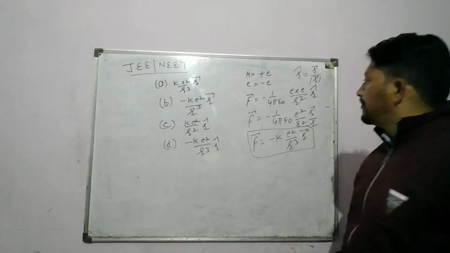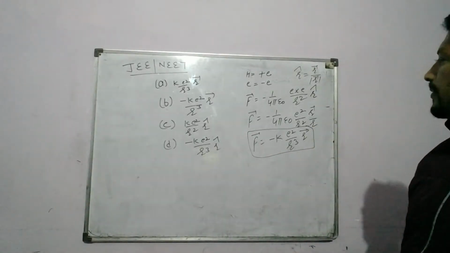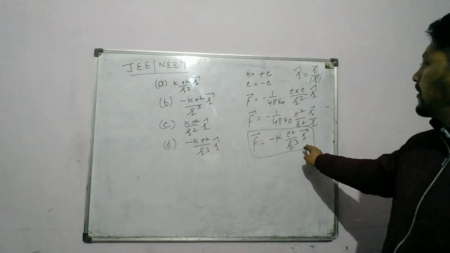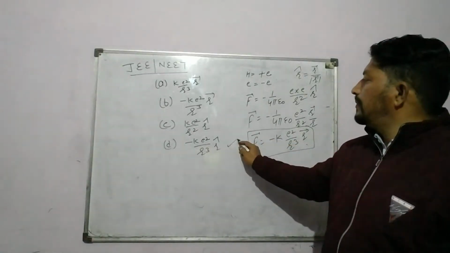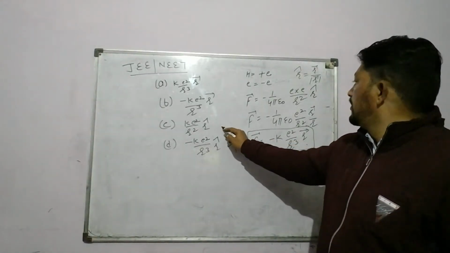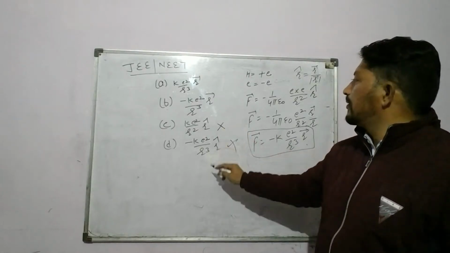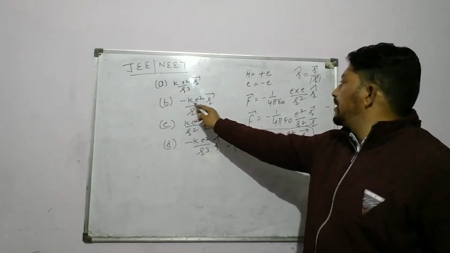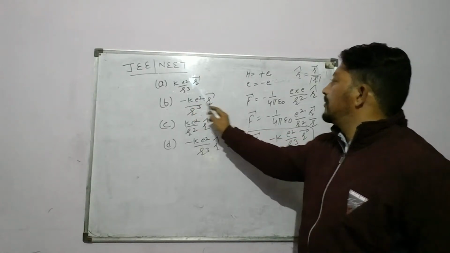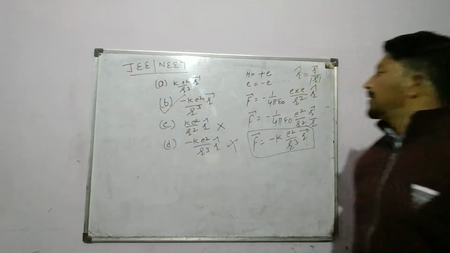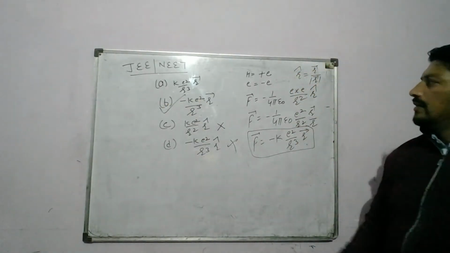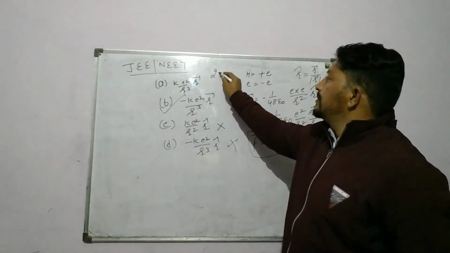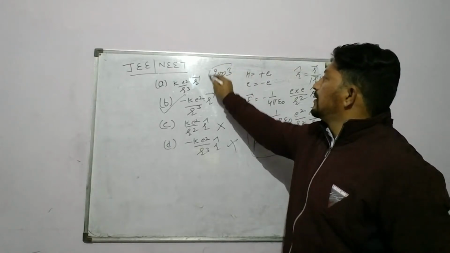So see which option is the right answer. Here is the r vector, here is the unit vector, it's wrong. There is no negative sign, wrong. It's a negative sign, e square upon r cube into r. It means your B option is the right answer. This question is AIIMS 2003.